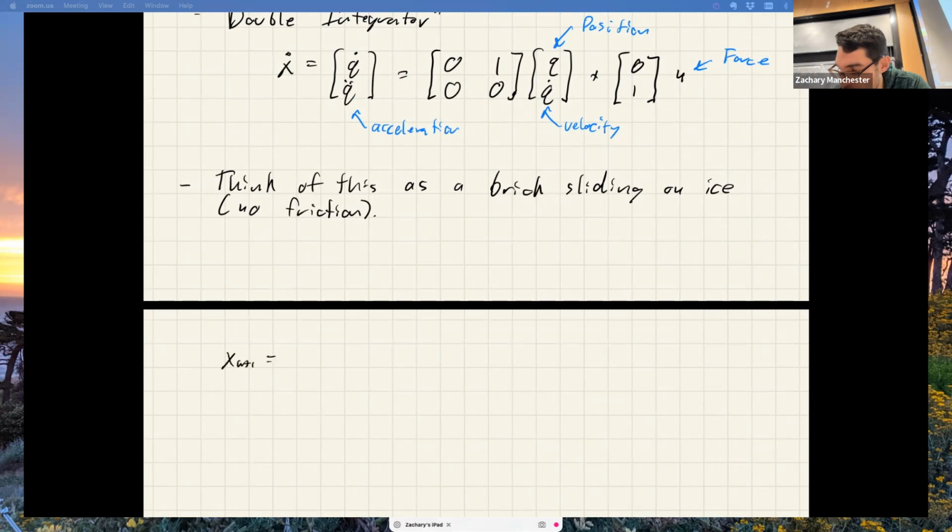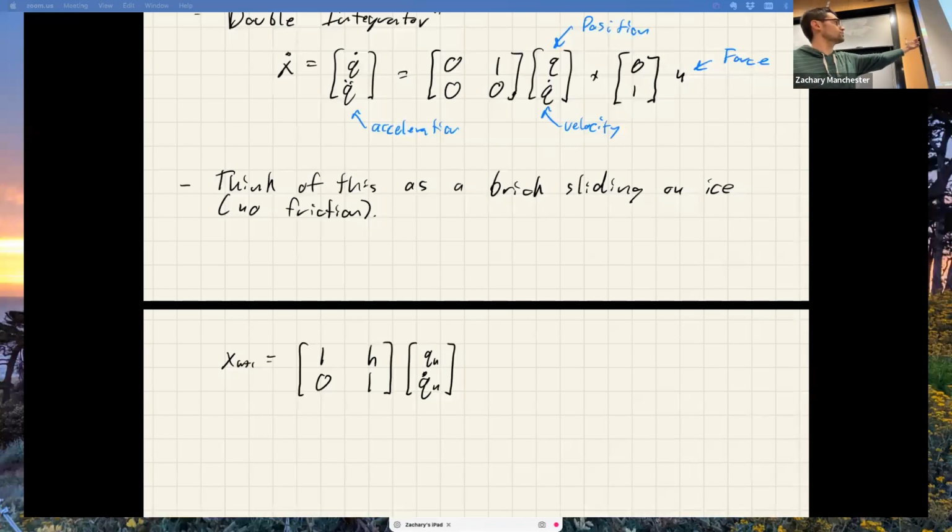So here's that. X k plus 1 equals, if I have some time step h, it looks like this. So this is q k, q dot k. Is everyone cool with that? It's q k plus a little time step times q dot, the velocity.